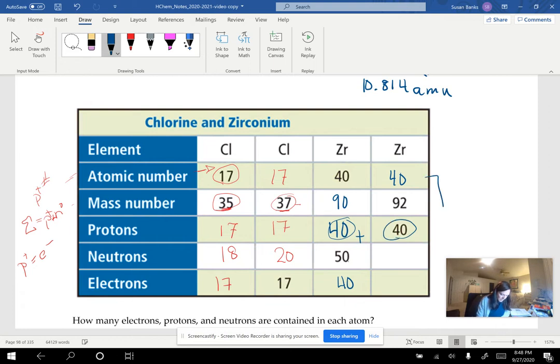Remember atomic number and proton number is always the same. Mass number is the protons plus the neutrons. So if I take the mass number minus the protons, I will get the neutrons right here. So 92 minus 40 will give me 52 neutrons. And protons and electrons are going to be the same as well, unless I have an ion. So that's going to be 40. All right? So that's pretty easy.